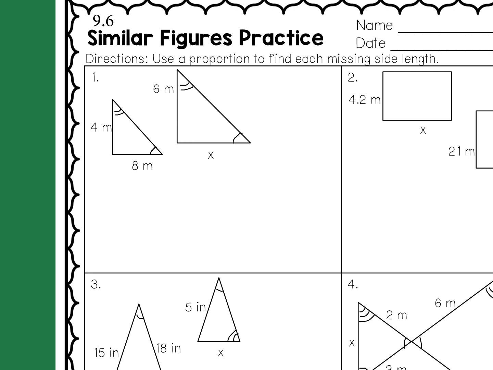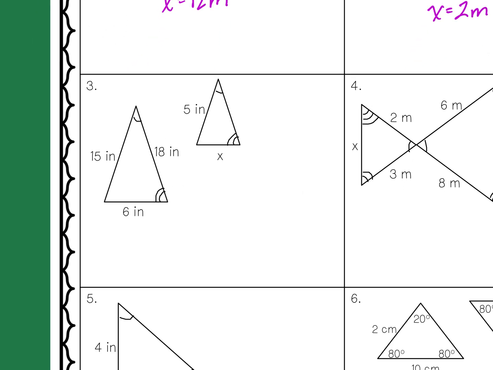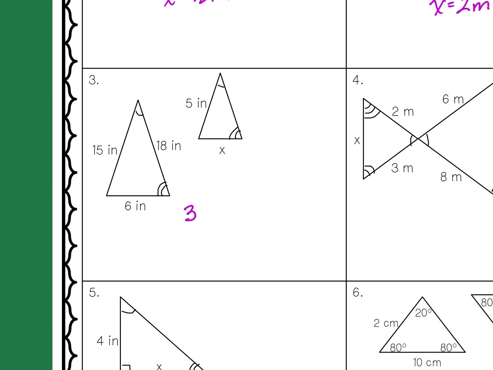So we've got, for number 1, x is going to equal 12 meters. For number 2, x is going to equal 2 meters. Number 3, x equals 2 inches.